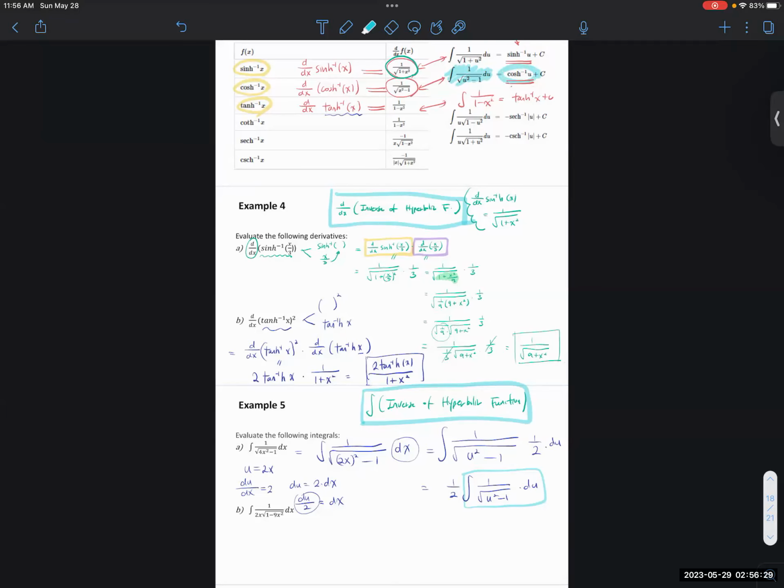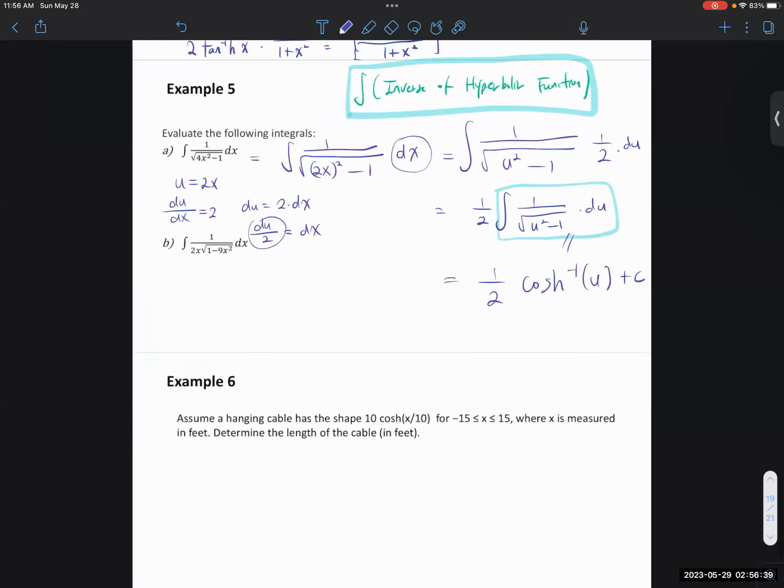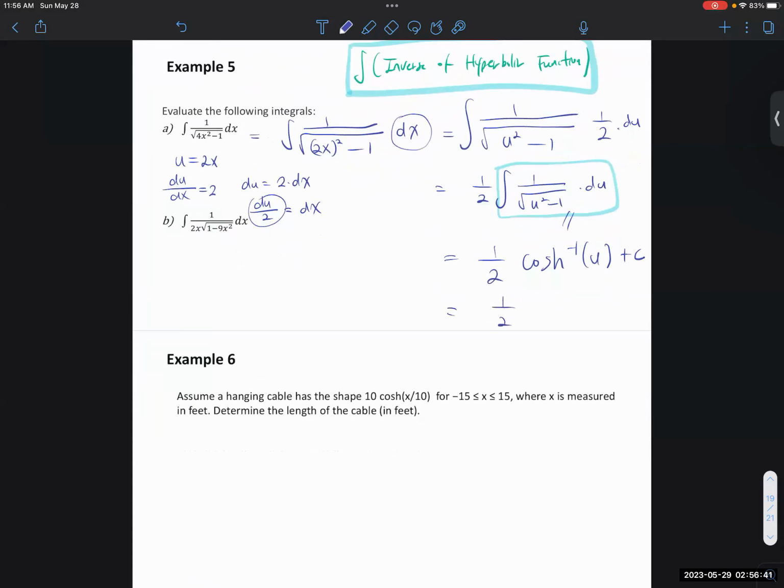It's going to be the inverse. So therefore, this is 1/2 cosh inverse u plus c. You can go back to the x variable: cosh inverse of u, which was 2x, plus c. So you can take the integral of the inverse of a hyperbolic function as well.